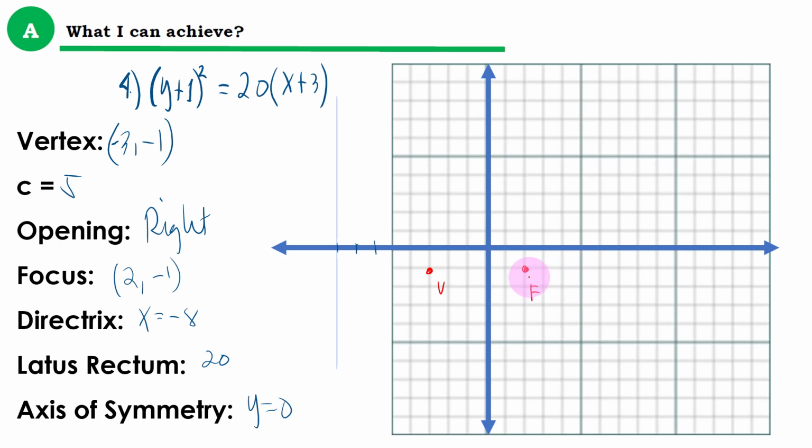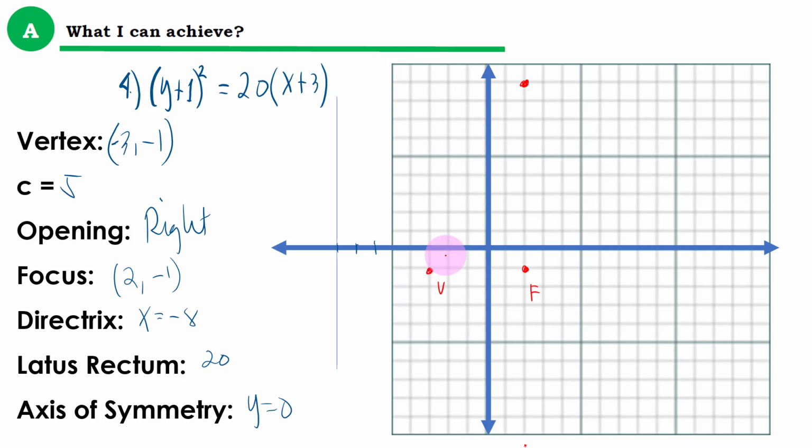At ang ating directrix ay nasa x equals negative 8. Ito yung ating directrix. And then, our latus rectum is 20. So, bilang tayo tig 10, pataas. Hanggang dito. Then, dito, lampas tayo ng konti. So, more or less, nandito siya tatama.